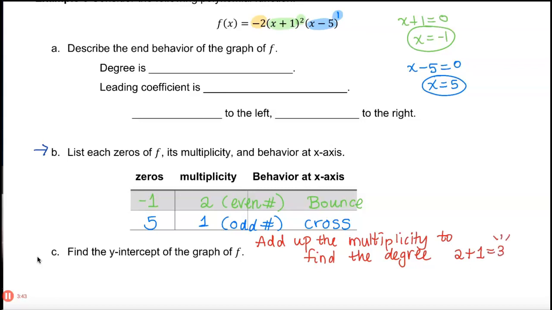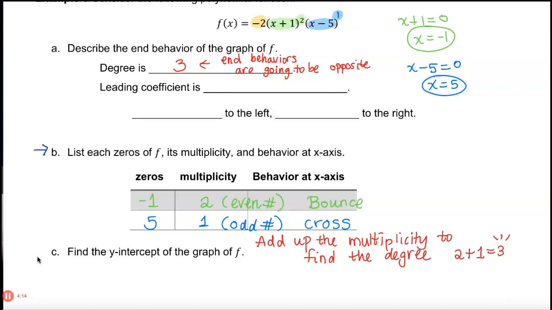Well, look at that. This is an odd degree function, so the end behaviors are going to be opposite. If one end is going up, the other end is going down.